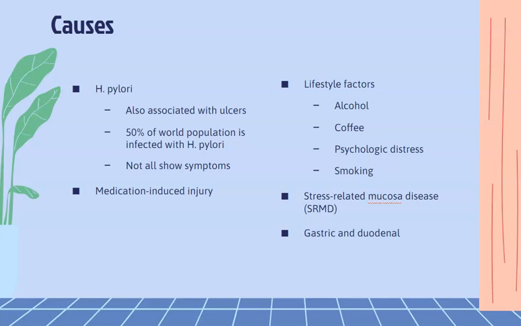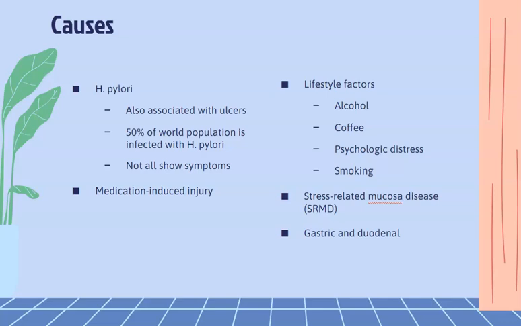Regardless of the amount of mucosal protectant that's there, it still will develop based off of the stress, and that can be physiologic or psychologic stress. Maybe they have burns or they become septic or have multiple organ dysfunction, things like that, those can precipitate the development of an ulcer.